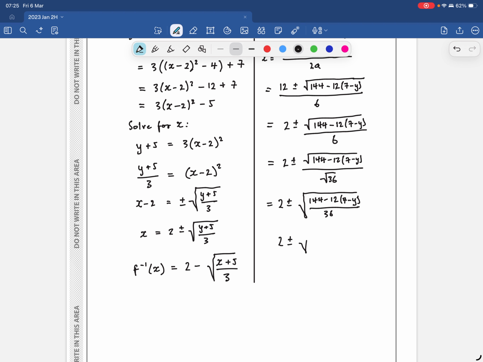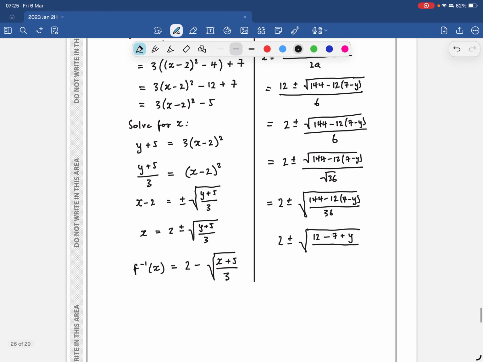Plus or minus the square root of 12 minus 7 minus y, because this is just going to turn into a 1. 12 minus 7, but then that's going to be a plus y because I'm taking away a negative value, over 3, and 12 minus y is obviously 5.